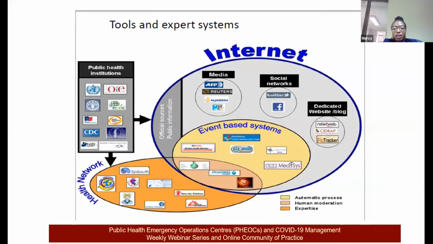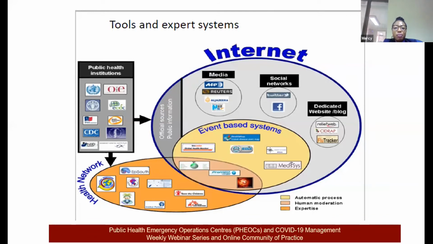So currently what we do is that we are making use of all this variety of sources, but we pay more attention to EIOS because it's an aggregator and it compiles information from many sources. So EIOS facilitates the collection and organization of public health information by combining the inputs from various reporting systems into one system.